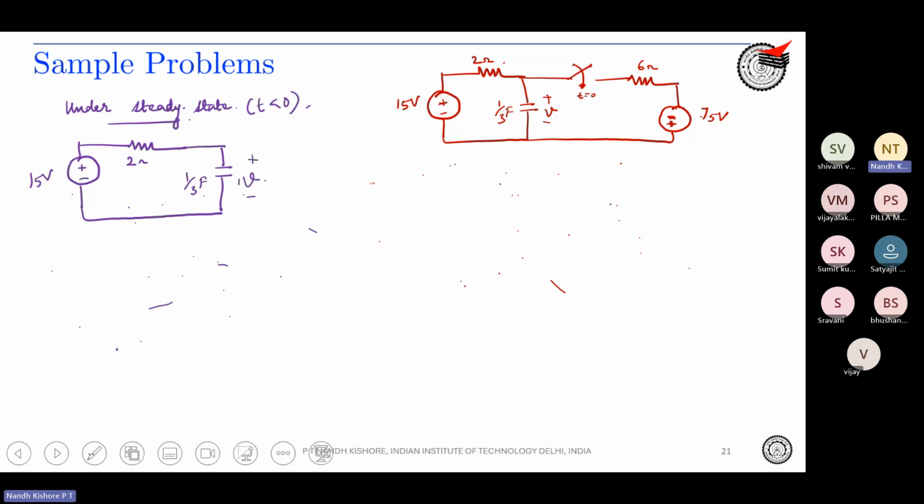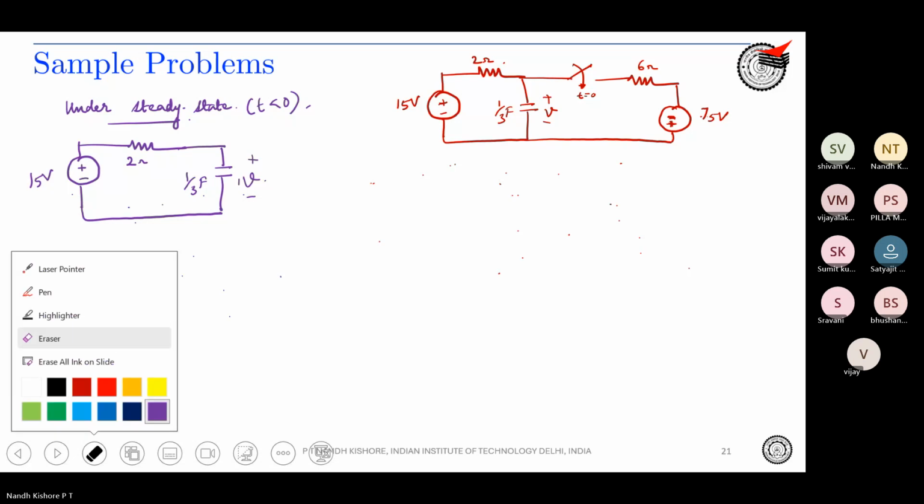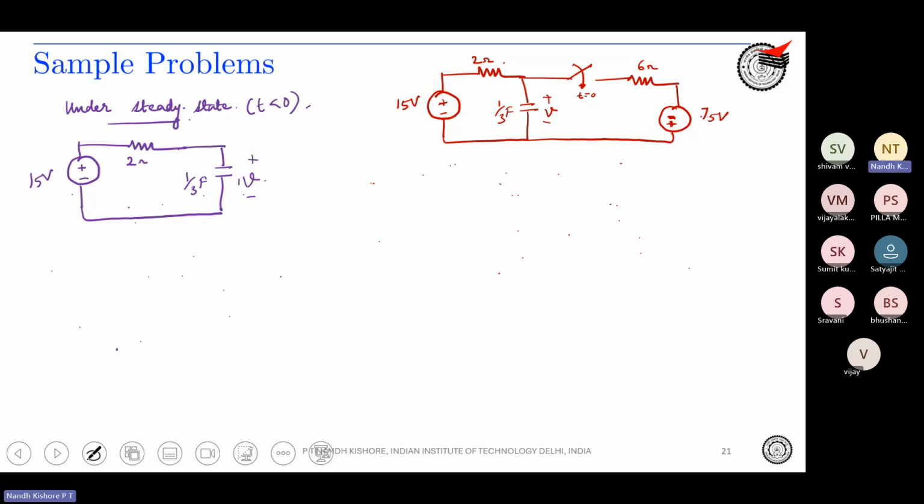This is your V. So what would be the voltage under steady state, that is when t less than 0?